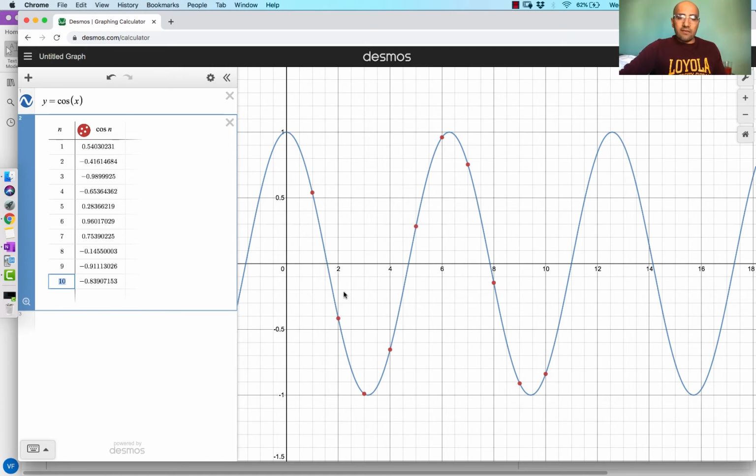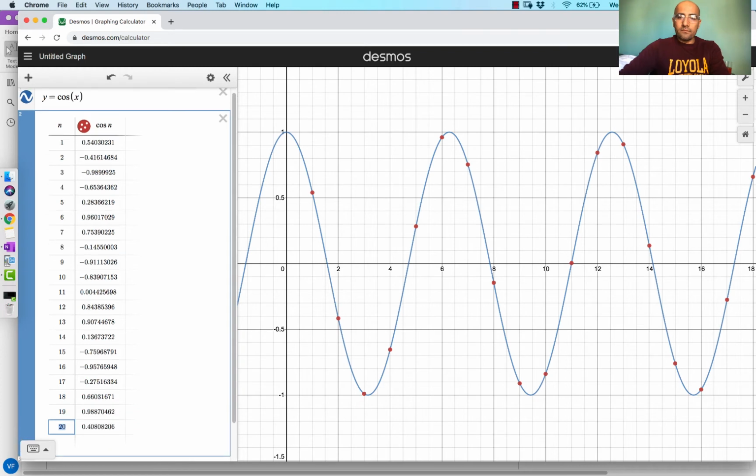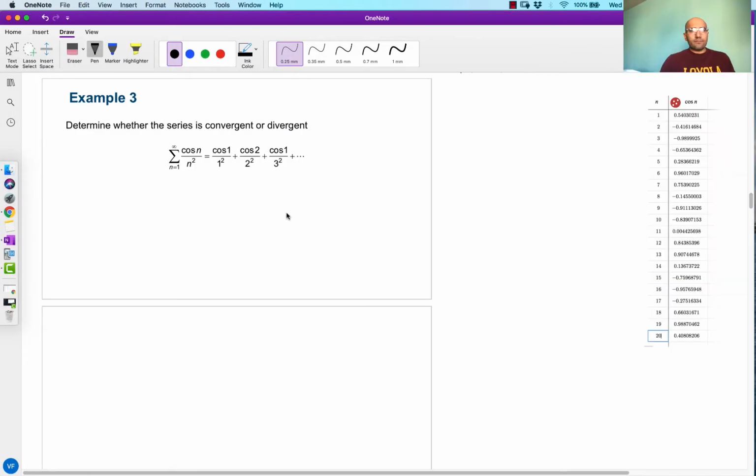Here we have a positive, then 3 negatives, then 3 positives, then 3 negatives, and I suspect it's going to continue on that pattern. The values are sometimes positive, sometimes negative, but always some value within the cosine function.